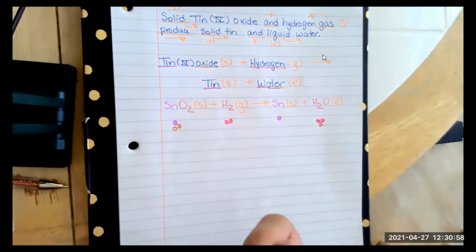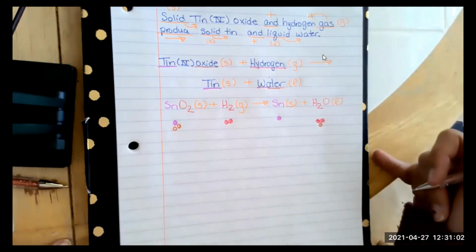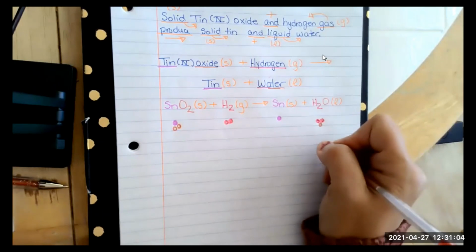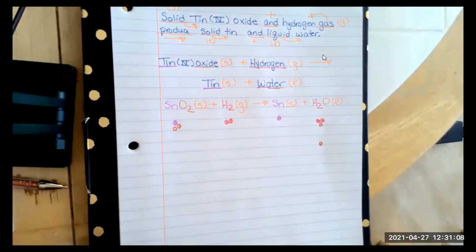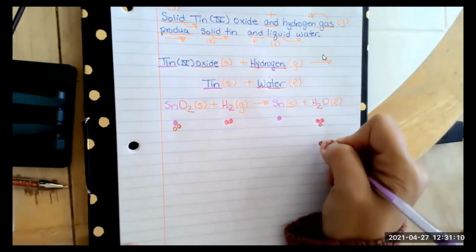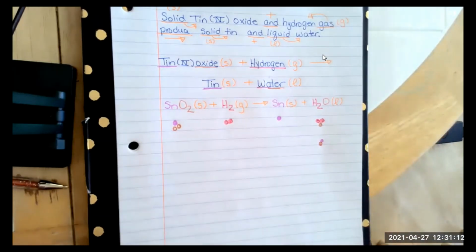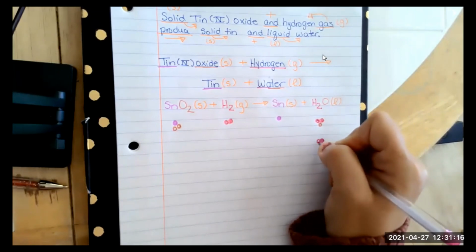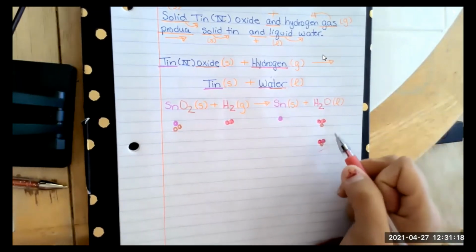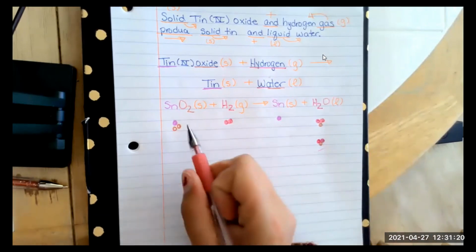So I really have to correct my oxygen count. I have to add 1 more oxygen. So I'm going to draw 1 more oxygen over here, and each one of these oxygens comes with 2 hydrogen. Sorry about that, guys. 2 hydrogen. Now that I have balanced my oxygen, my hydrogen is off.